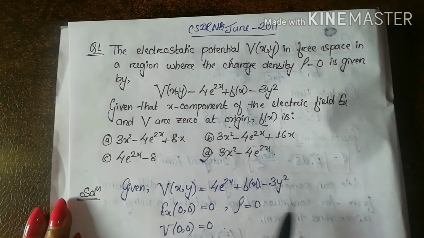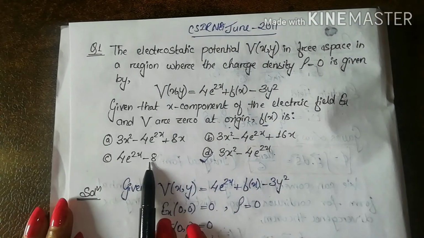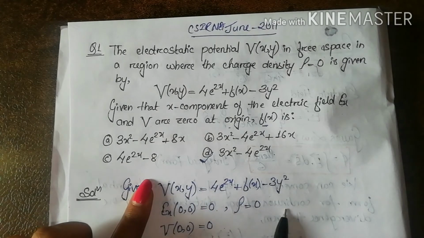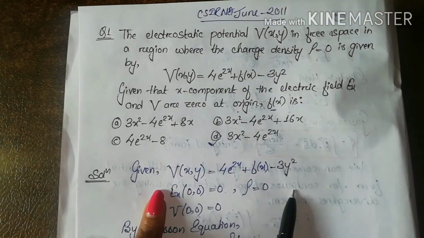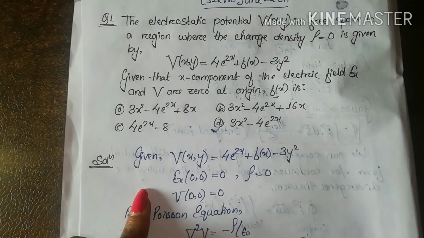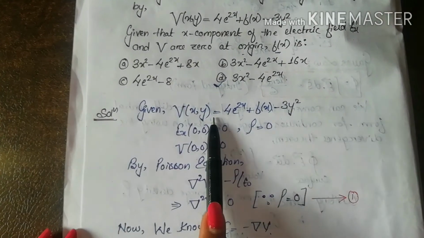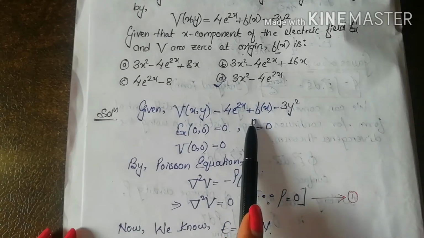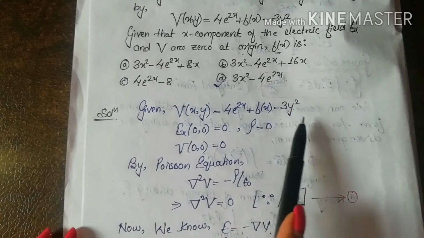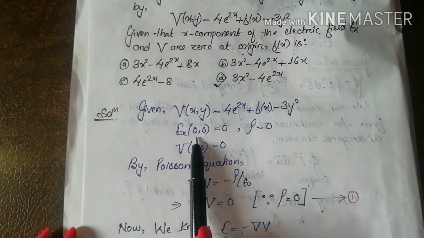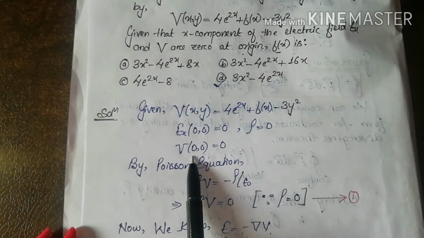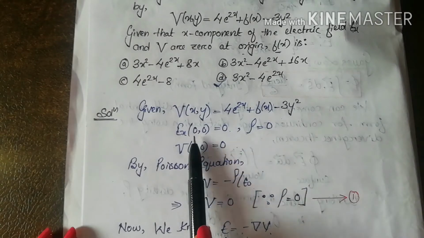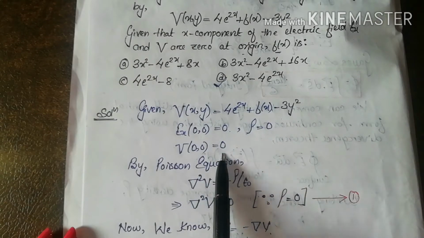Here these are the four options, and we have to find the value of f(x). First we will write what is given to us. The potential is 4e^(2x) + f(x) - 3y². Also, the x component of the electric field and the potential at the origin are equal to 0.